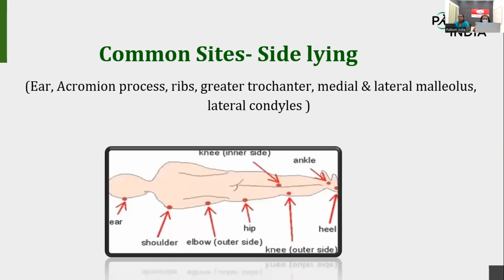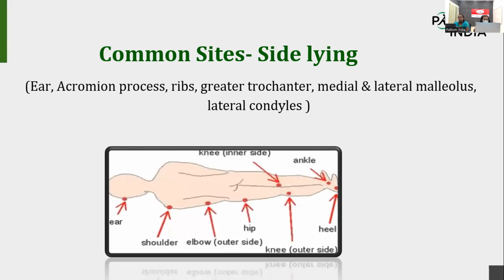Moving to the side-lying position, either right lateral or left lateral position, these are the important bony prominences, the pressure points where patients can get pressure ulcer. When the patient is in side-lying position, there is a chance of developing a pressure sore between the knees, because the knees rub together and can cause friction.